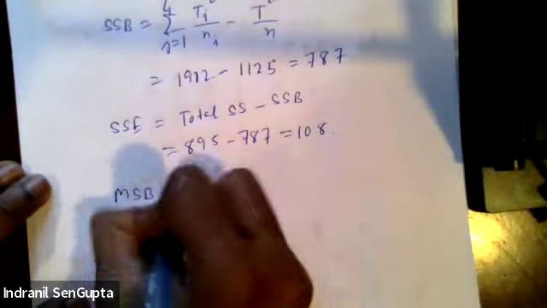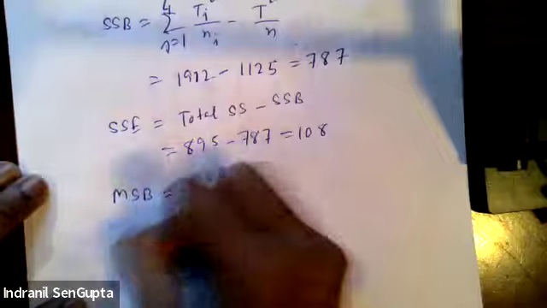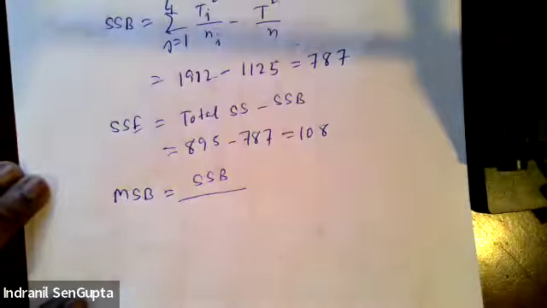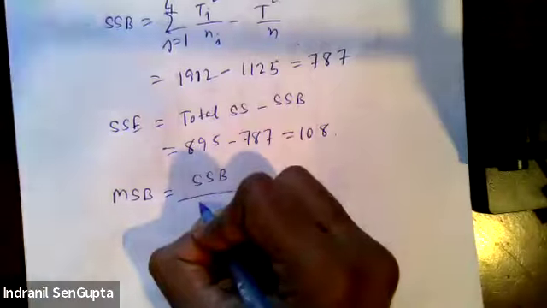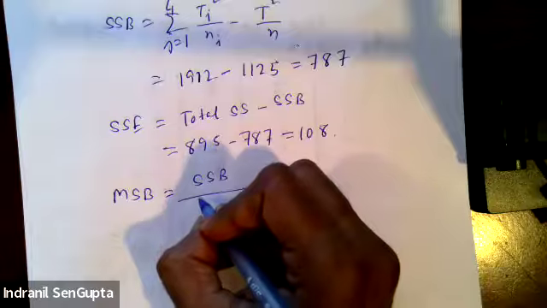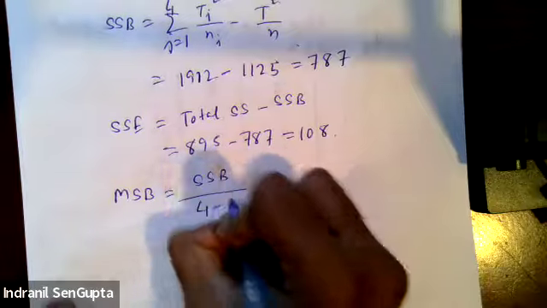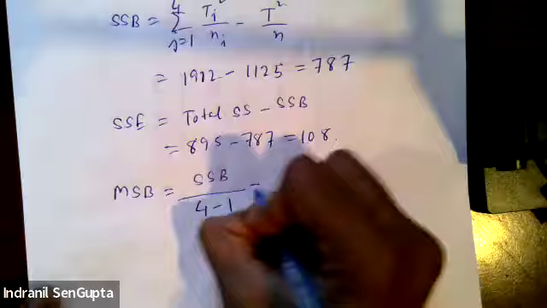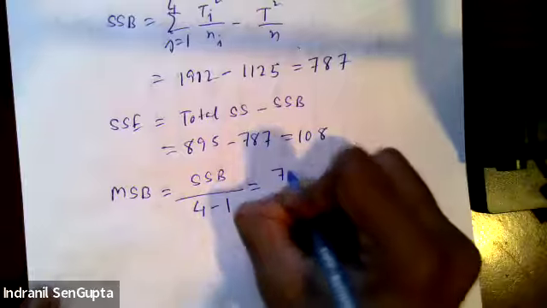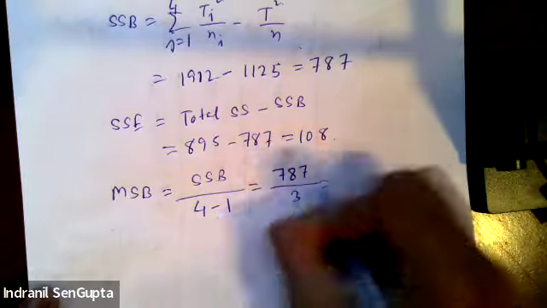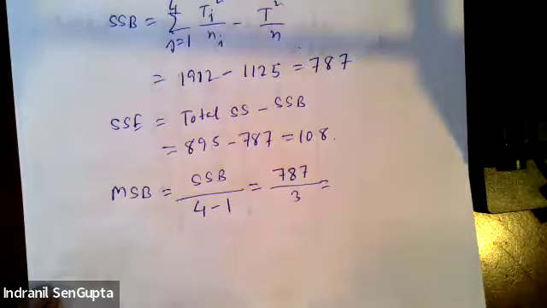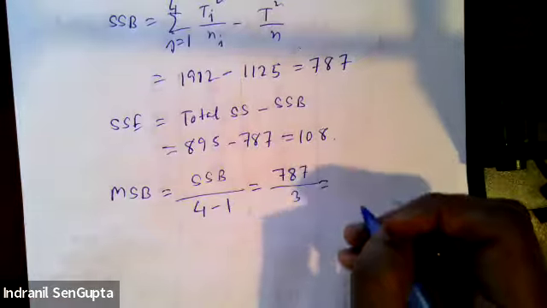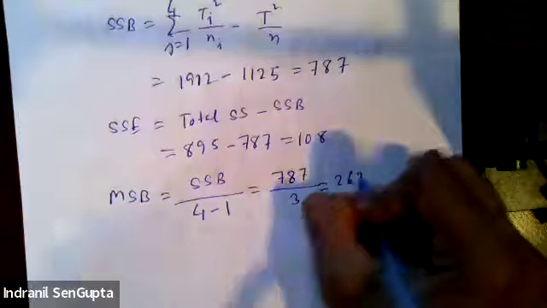And consequently, the MSB, which is SSB over the degrees of freedom. So in this case, we have 4 minus 1. So if we are dividing SSB 787 by 3, which is 262.3.